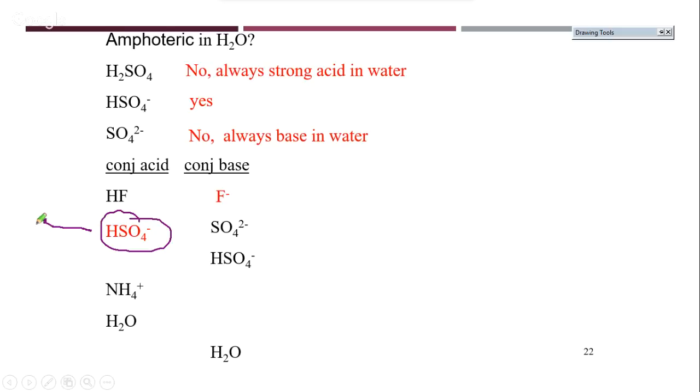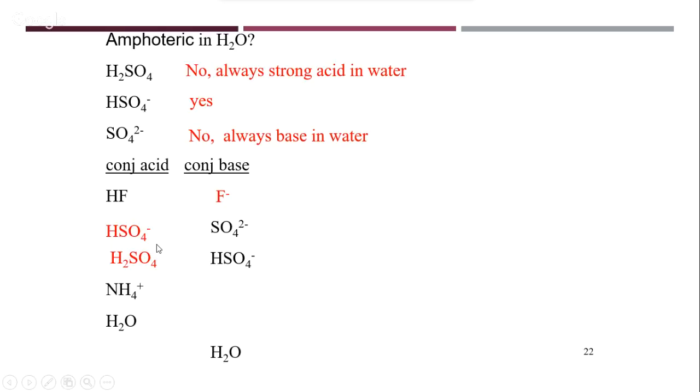So H2SO4 will give out an H plus to form HSO4 minus. So HSO4 minus is the conjugate base of H2SO4. If you see the next answer, HSO4 minus will form H2SO4 when you're talking about its conjugate acid. But if you talk about the conjugate base of HSO4 minus, it will be SO4 2 minus.